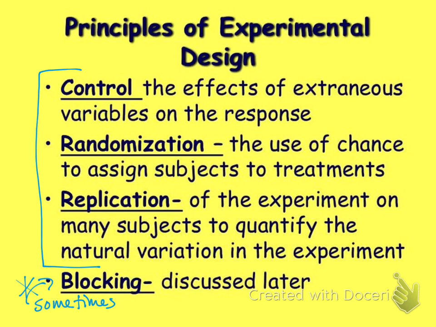So control, you can add that in and then put a little asterisk next to it and say sometimes, like only if needed. So control means that I hold all of the extraneous variables on the response constant. So if we were talking about the example where we had the temperature in the classroom, then what are some things that we would want to hold constant or that we would try to control that could potentially affect the grades that you make on the test other than the temperature in the classroom?